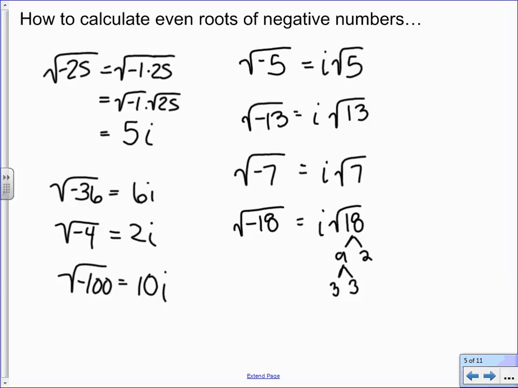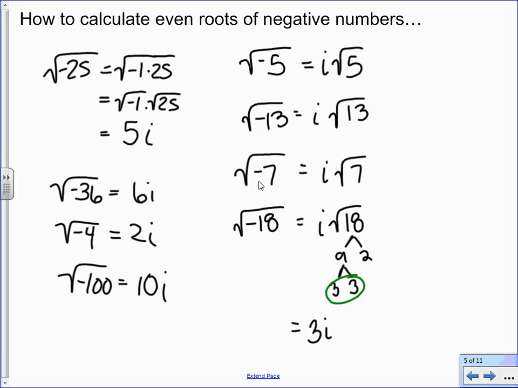When you get to the bottom, you look at these prime factors, 3, 3, and 2. Do any of the prime factors show up twice? The 3s. For every pair that shows up, you can take one number out. So a 3 will come out of the radical. Where I had i square root 18, I can now write that as 3i.